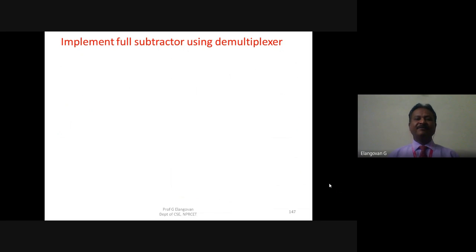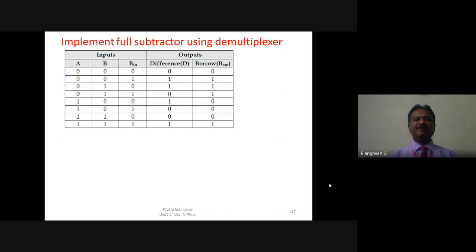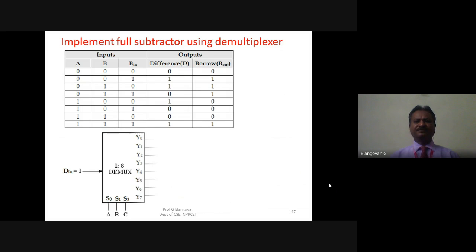Now the same combinational circuit we can implement using a demultiplexer also. For example, the full subtractor can be implemented using the demultiplexer because each output represents one minterm. If you take the sum of the minterms, we get the required circuit. This is the truth table for the full subtractor.